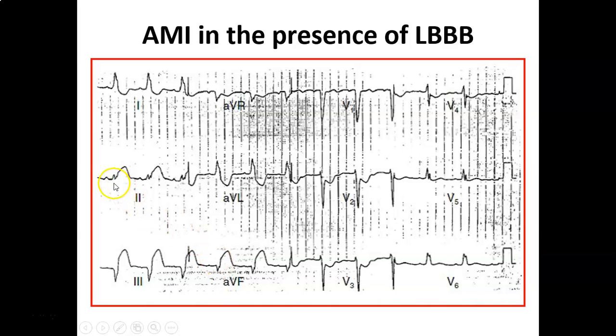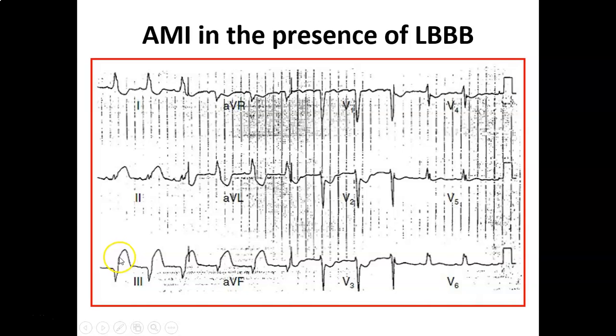If you look at lead 2, the R wave and ST segment are in the same direction, concordant. Now look at lead 3 and aVF. In 3 it's discordant, but it's quite a tall ST segment, quite high ST segment elevation.